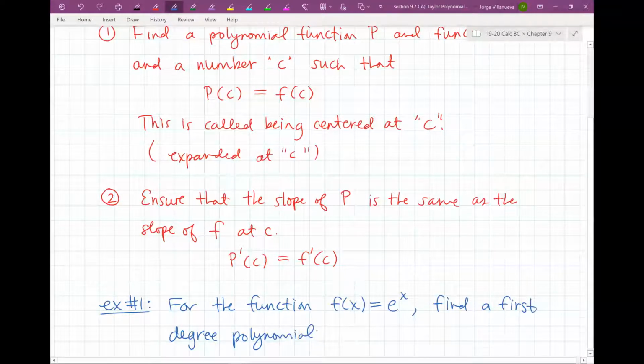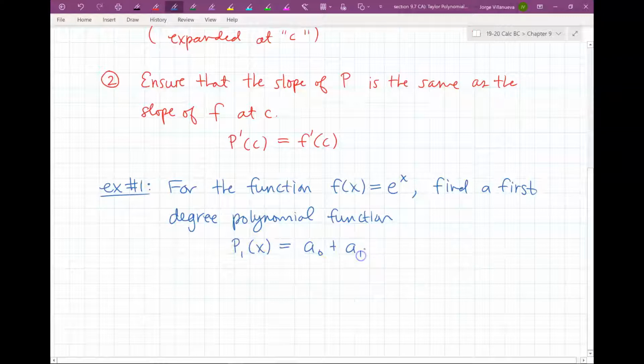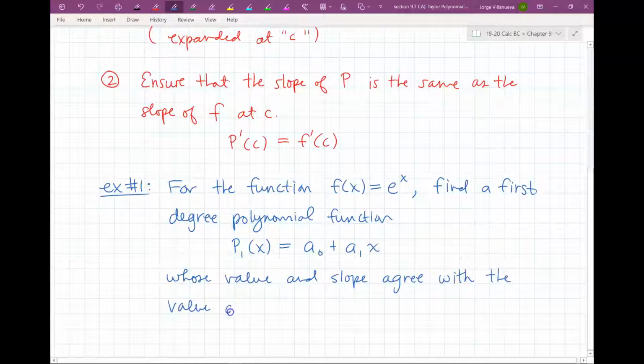Find a first degree polynomial function, and they're going to give it to us here: P sub 1 of x equal to a sub 0 plus a sub 1 x, whose value and slope agree with the value and slope of f at c equal to 0, or sorry, at x equal to 0.